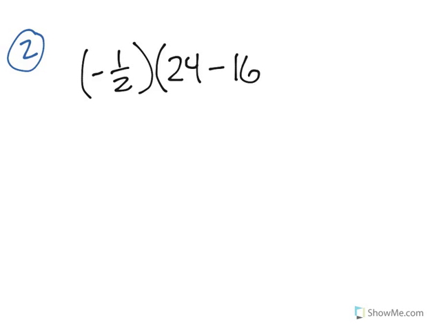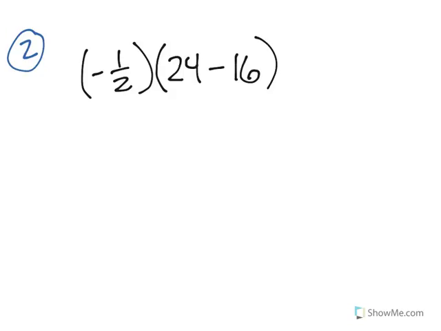Question number 2 asks us to use the distributive property and says, using the distributive property, which expression is equivalent to -1/2 times 24 minus 16. Now, when you have two sets of parentheses right up next to each other with nothing in between, that means you're going to multiply.